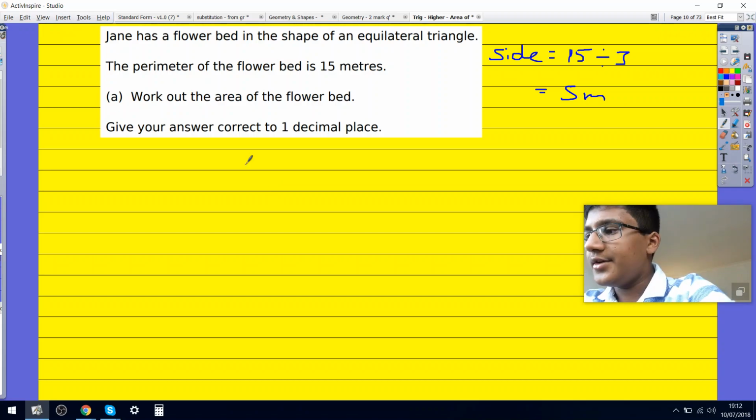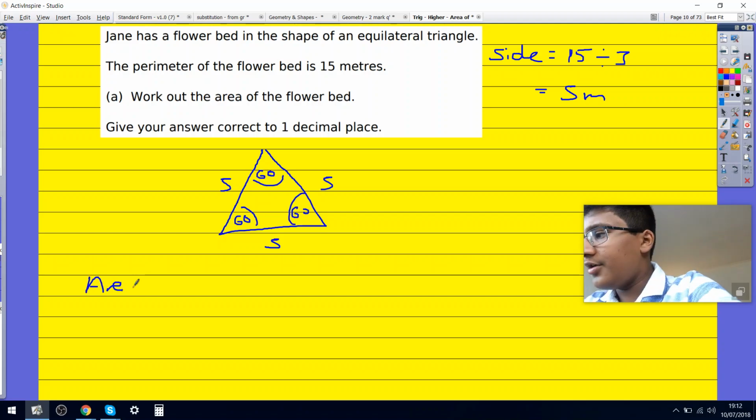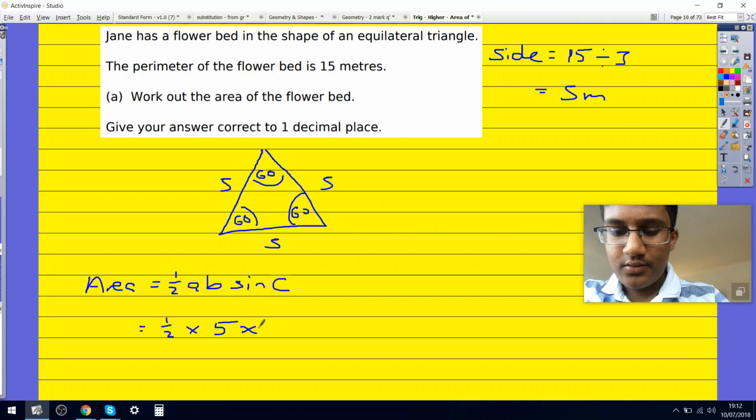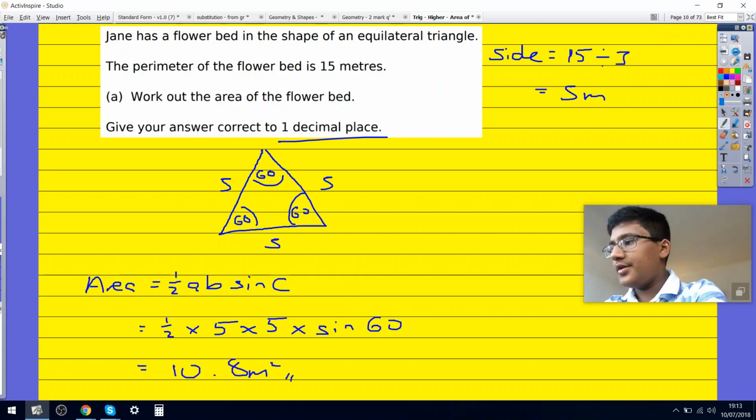So if we want the area, we just use the half AB sine C again, which equals a half times 5 times 5 times sine 60. That gives us 10.8 to 1 dp. 10.8 meters squared. And got it, 3 marks.